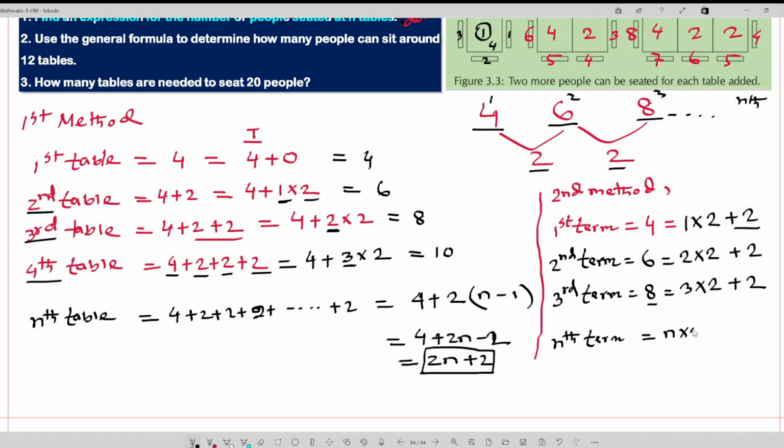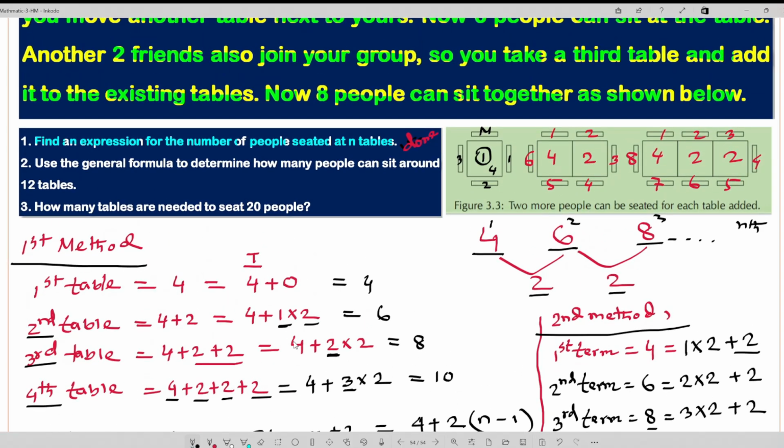What is the difference? 2. How many do we add? 2. So look, 2n plus 2 is the same. So you may follow the first method or the second method, anyone you can follow. So here Tn equals 2n plus 2, and also here Tn equals 2n plus 2. So our first question answer is done.